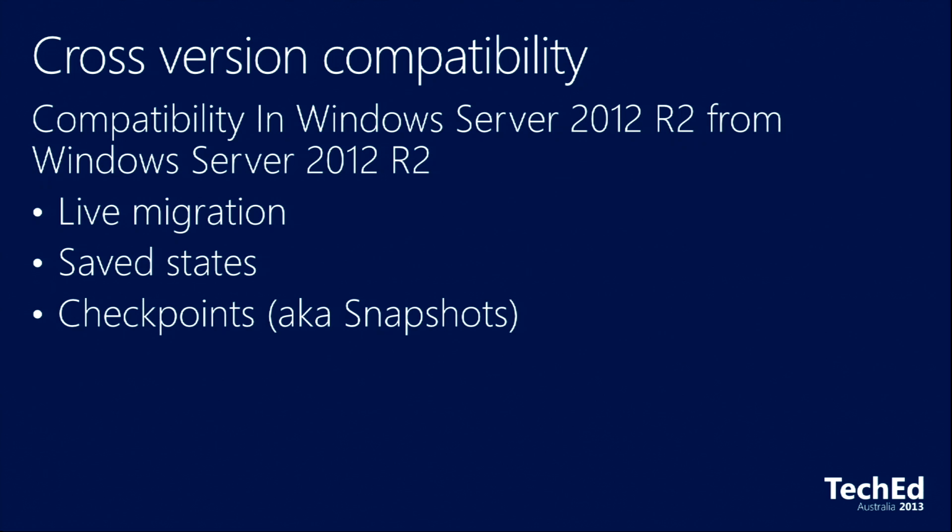Chances are these are just your dev test machines. So you can have a bunch of running virtual machines on a Windows 8 desktop, and you'll be able to upgrade to 8.1. You'll go, yeah, I want to upgrade to 8.1. We'll go, OK. And we will just save state your virtual machines, upgrade the operating system, bring it back up, and start your virtual machines back up. And they'll be there and running like nothing happened. I love that. That's really cool.